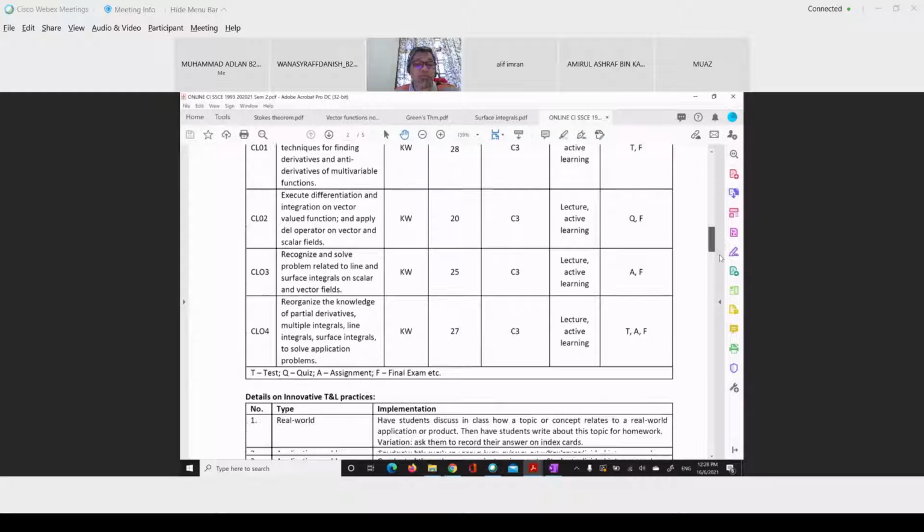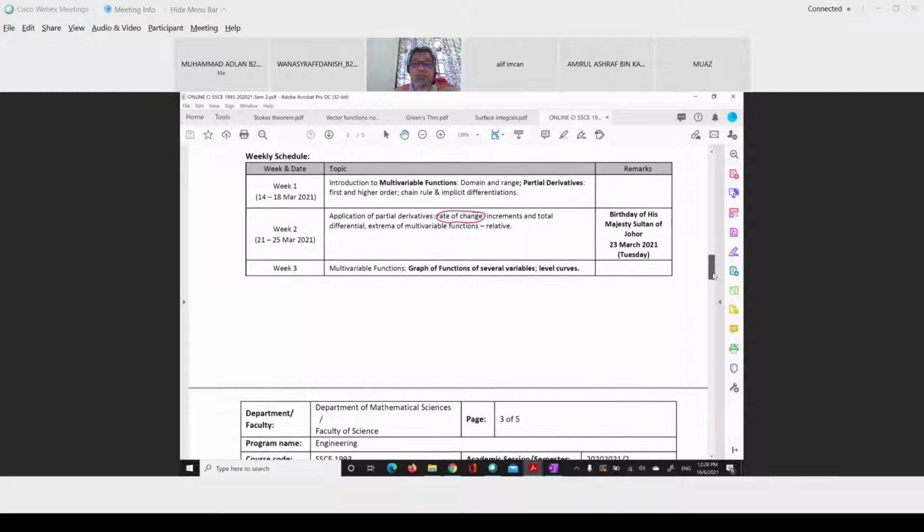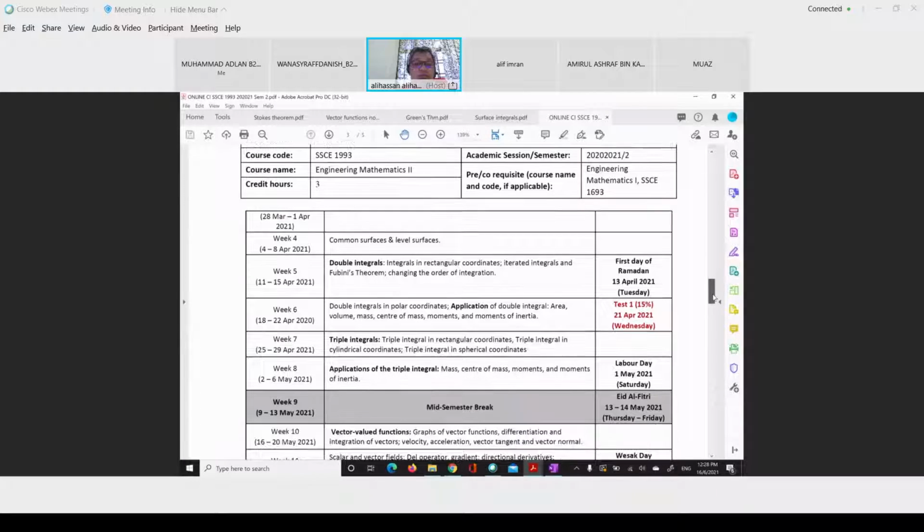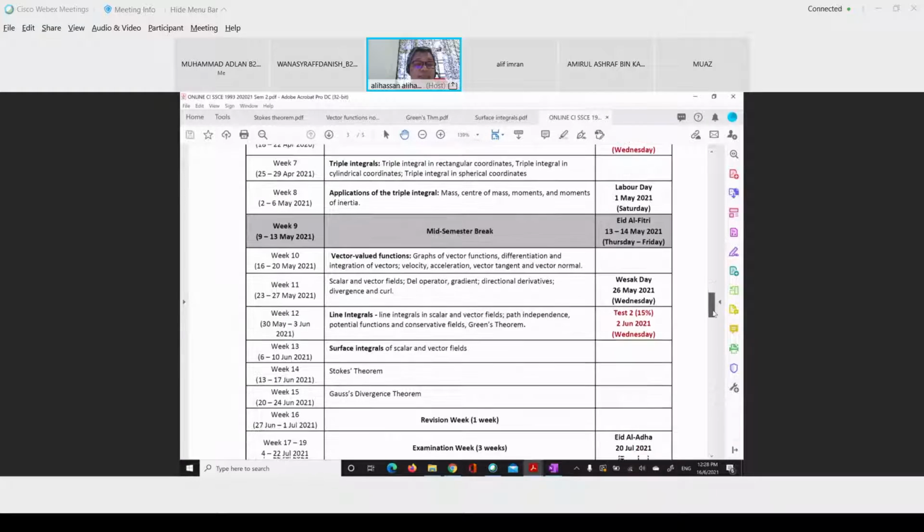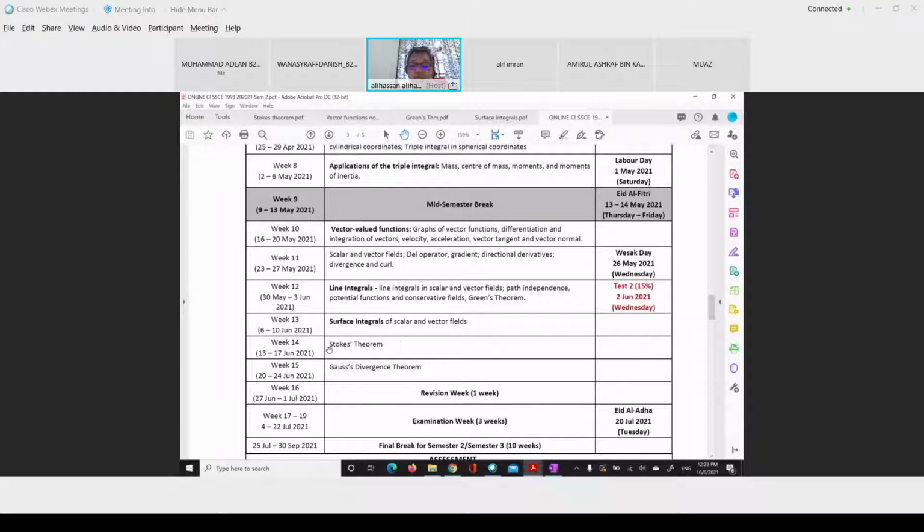If you look at our lecture schedule, see the Stokes' theorem here. And that's not the end of it. We have another theorem called the Gauss divergence theorem, which I will discuss next week. So this will be in the final exam.